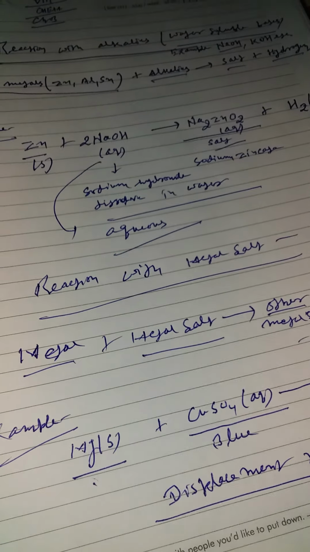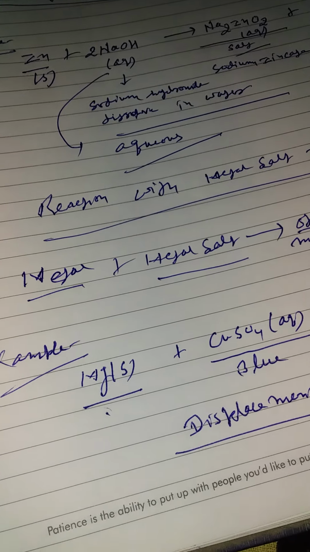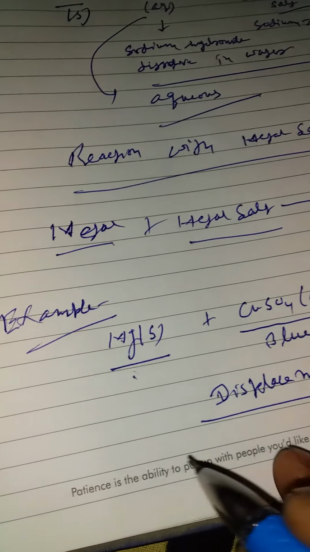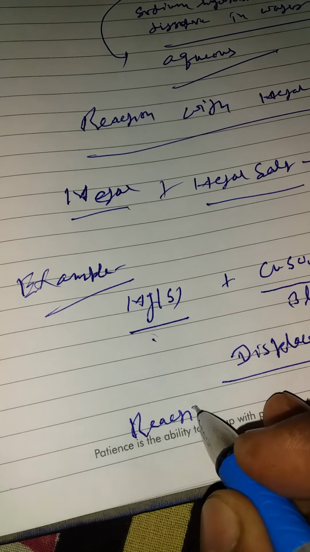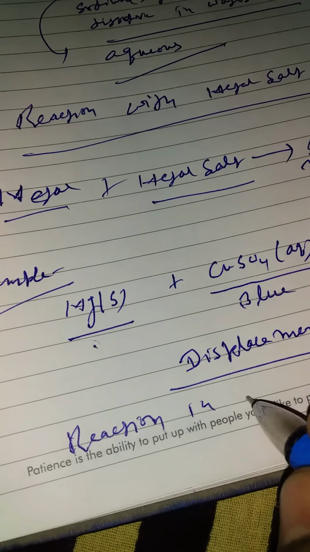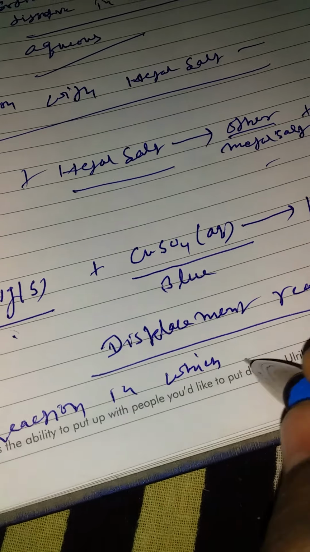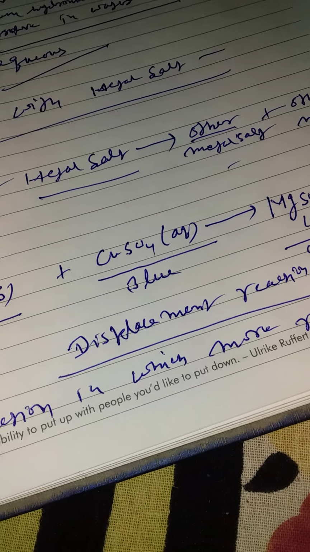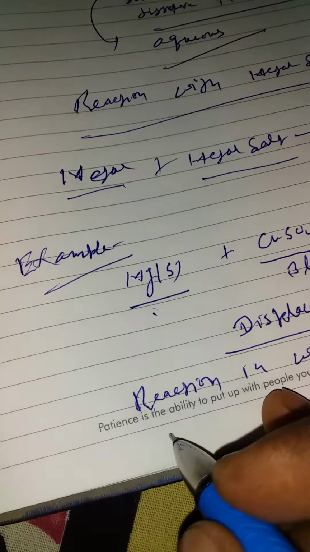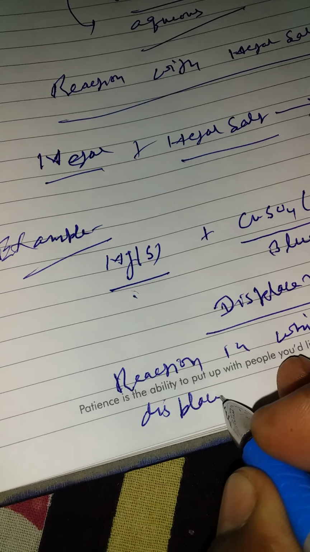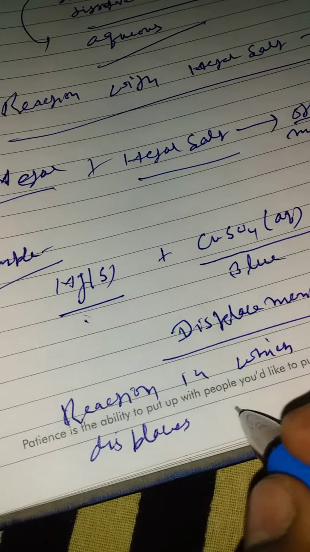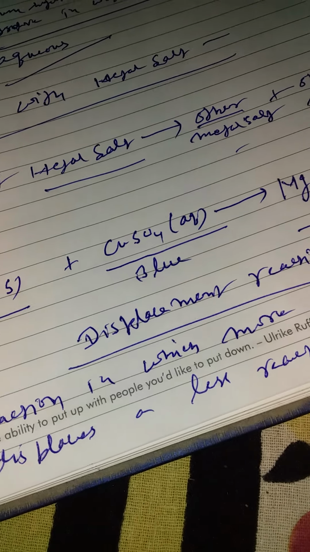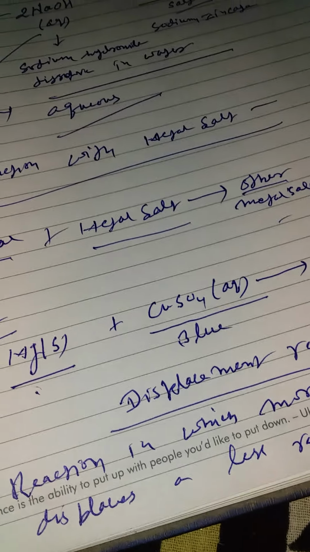So this reaction is an example of displacement reaction, and displacement reaction is that in which more reactive metal displaces a less reactive metal.